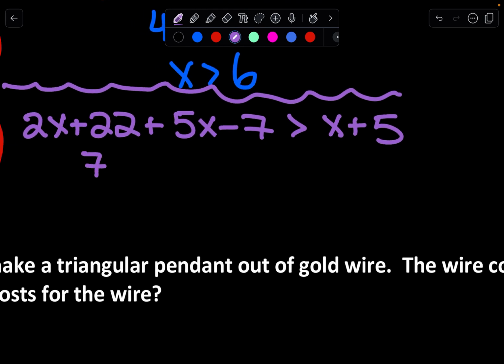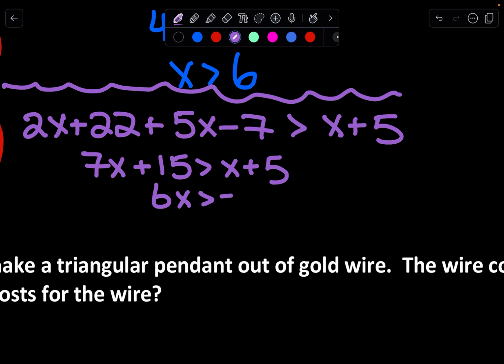So this would be 7x plus 15, which has to be greater than x plus 5. So 6x has to be greater than negative 10. So x has to be bigger than negative 10 over 6, or negative 5 over 3, if I'm simplifying.